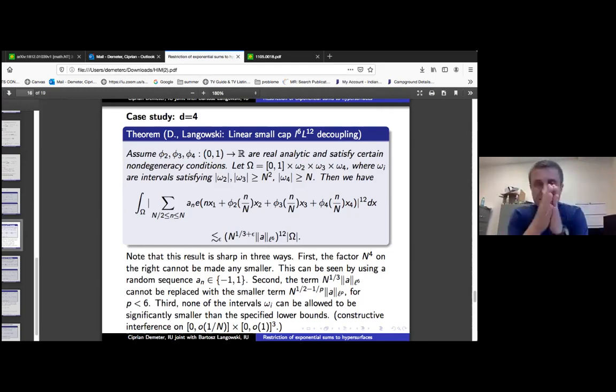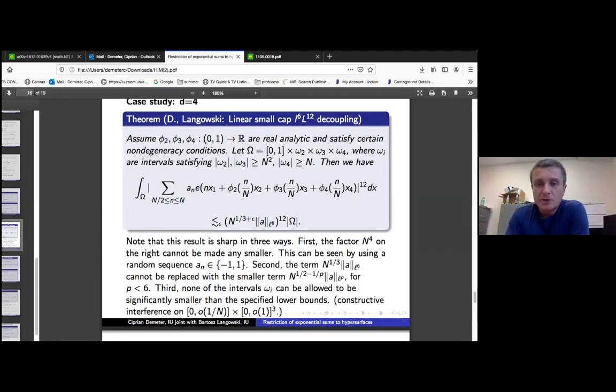Very briefly, what this means is that you have a manifold, in our case, the 4-dimensional moment curve, and you want to study how different pieces of that curve interact with each other, except that in the case of the Vinogradov mean value theorem, the arcs on the moment curve are big. Now you want to make them smaller. Or a different way of putting it is you want to perhaps keep the arcs of the same length, but you want to integrate or study the oscillations on a smaller spatial ball.